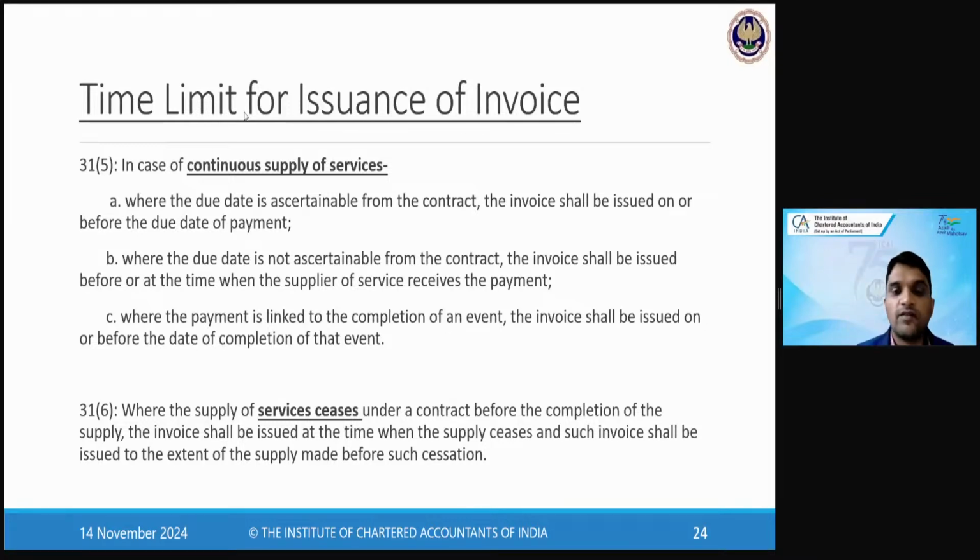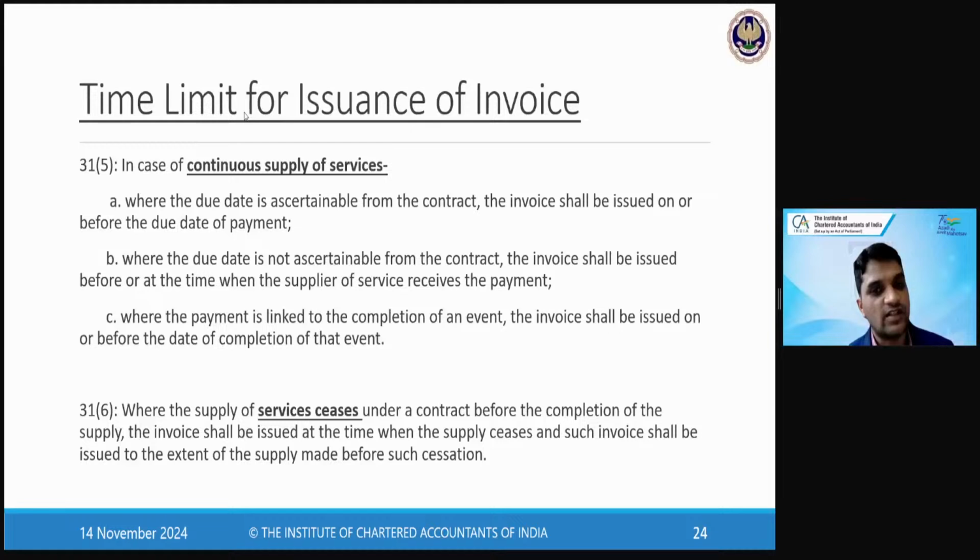Clear? So for issuance of invoice in case of continuous supply of services, where you have a determined contract, you issue a statement or receipt of payment, whichever is relevant. Where the due date is ascertainable from the contract, the invoice should be raised before that.